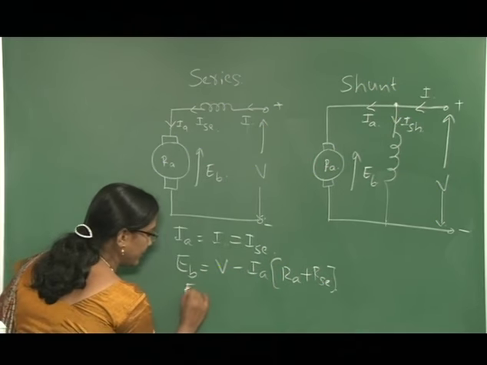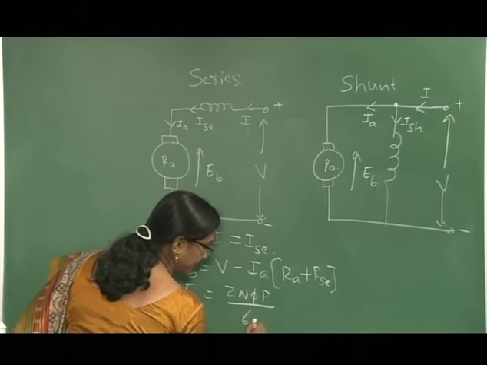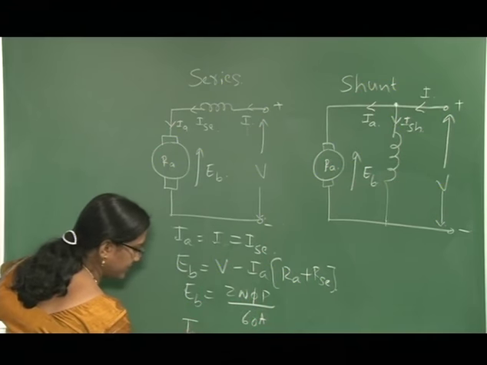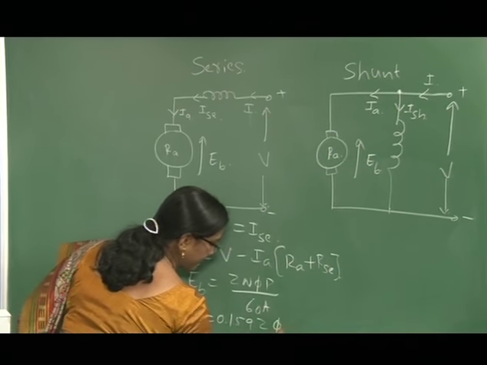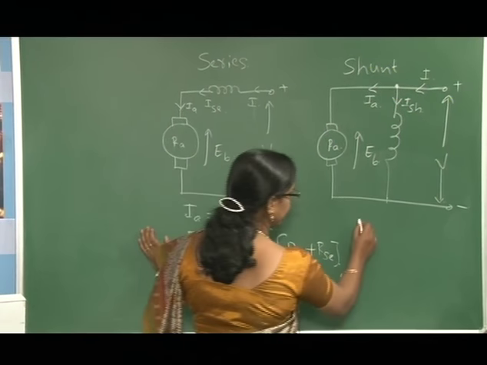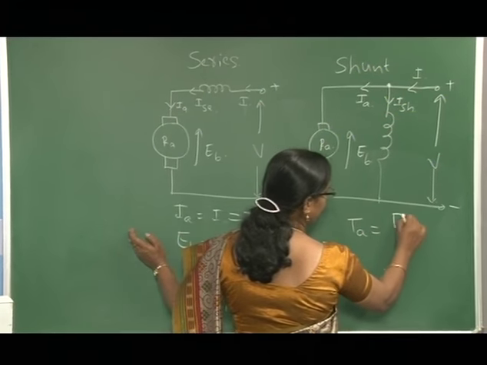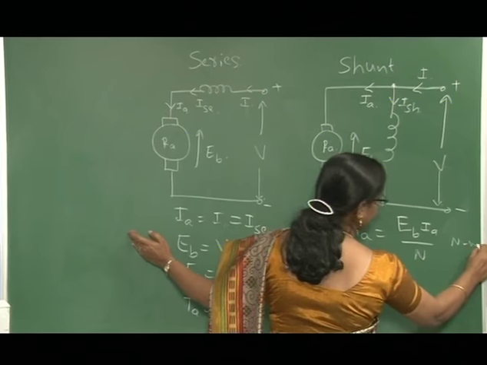We also have EB equals Z n phi P divided by 60A. For torque, we have Ta equals 0.159 Z phi Ia Newton meter, or Ta equals EB Ia divided by N Newton meter.